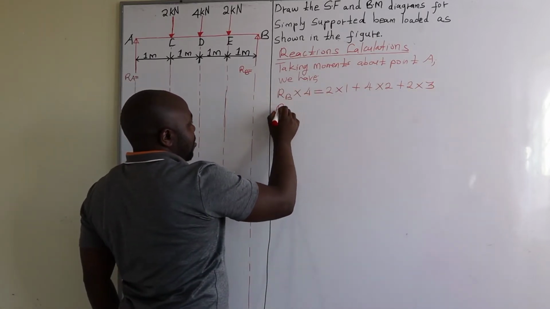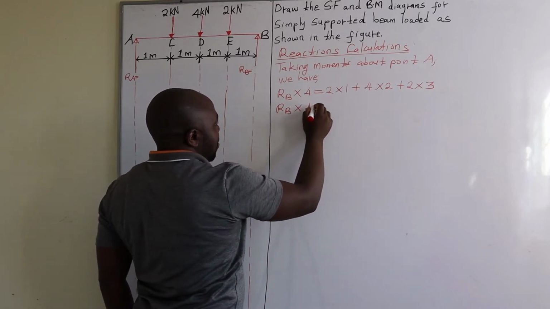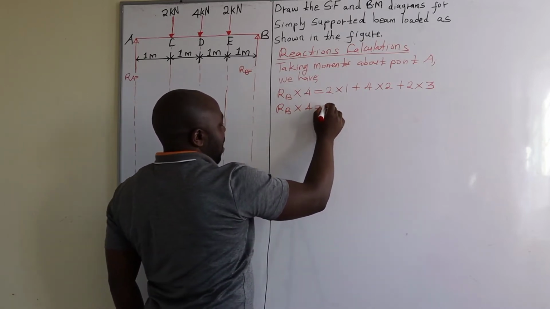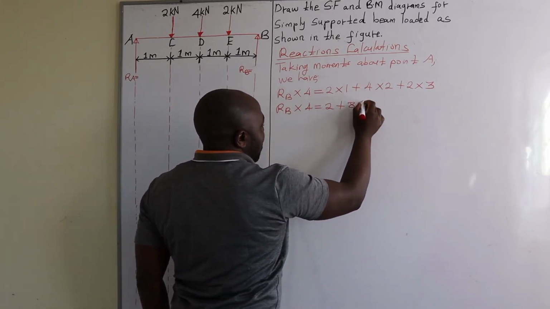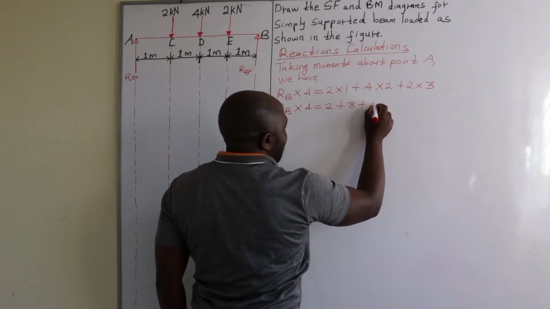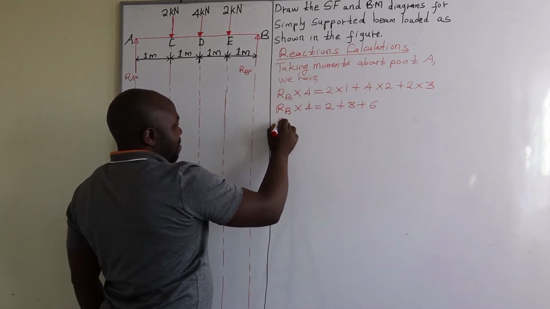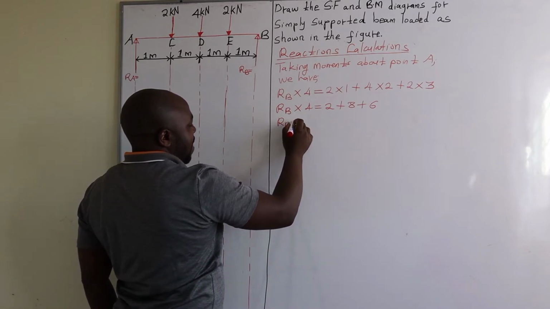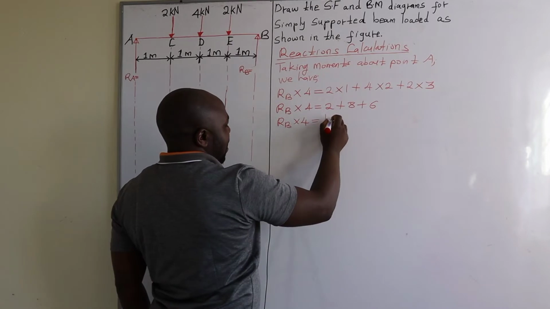This is going to lead us to RB times 4 equals 2 times 1 is 2, plus 4 times 2, that is 8, plus 2 times 3, which is 6. So RB times 4 is equal to 16.